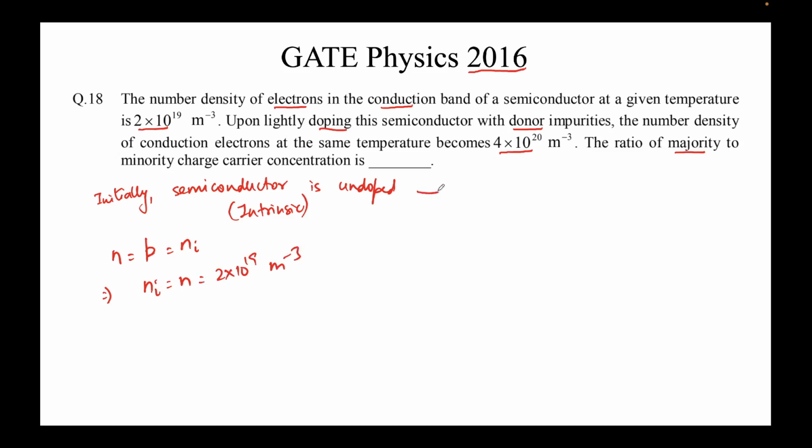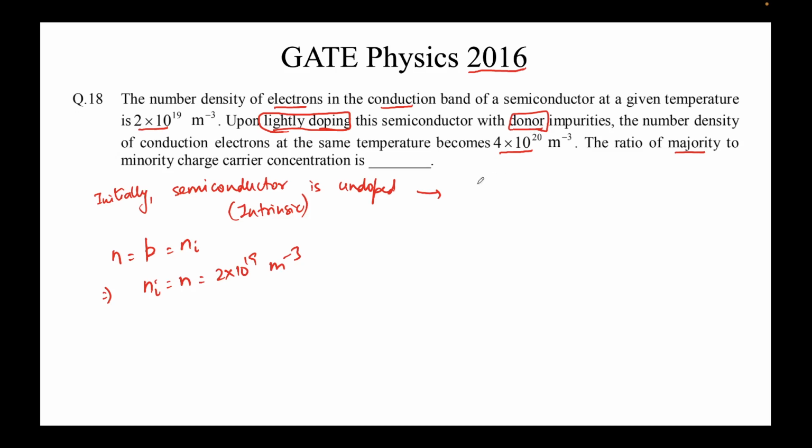Now, this semiconductor is lightly doped. There can be two types of doping, donor doping or acceptor doping, and it is given that it is doped with donor impurities. Now, what are donor impurities? Donor impurities have an excess electron, so they donate the excess electron to the semiconductor.